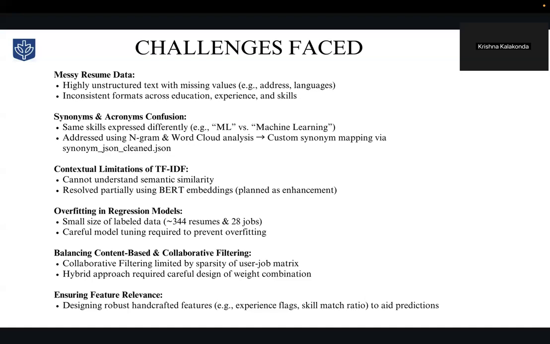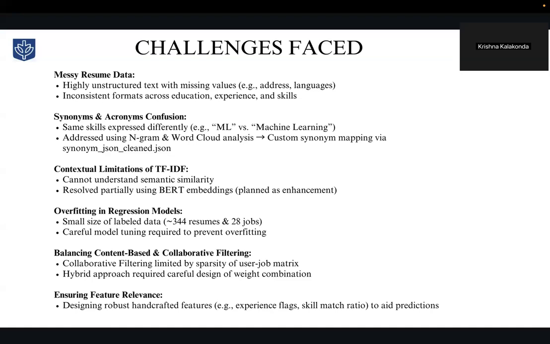We also tried n-grams and word cloud analysis to find which pairs of words are most frequent and very important in a resume. Another limitation was that TF-IDF, which was our primary vectorizer, cannot understand semantics.